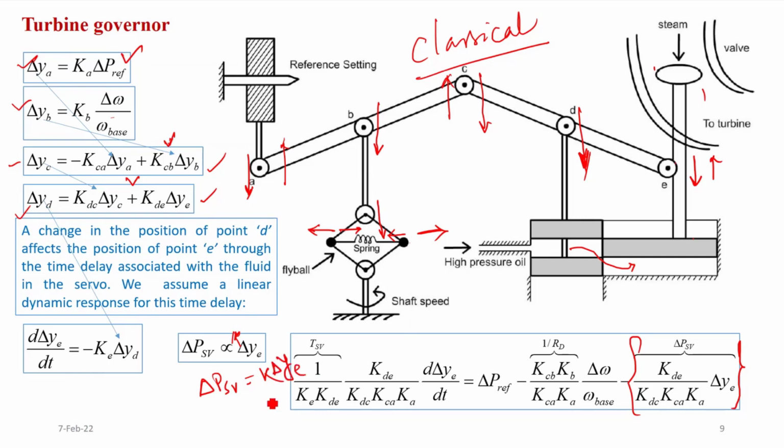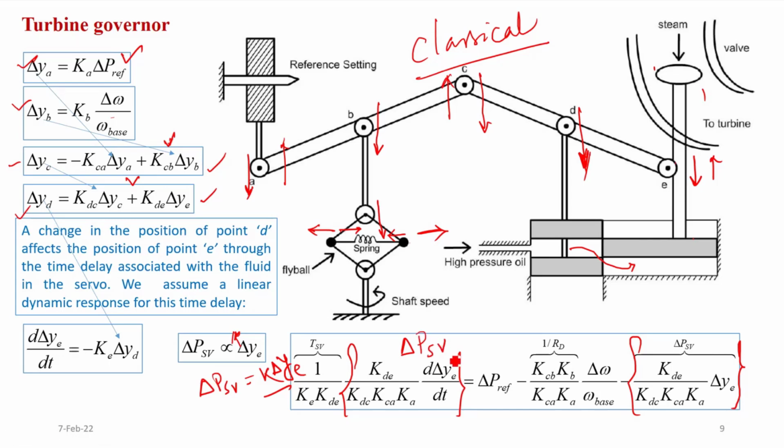So this K is nothing but Kd by Kdc into Kca into K. So that is delta PSB, right? Similarly here, this is also delta PSB.